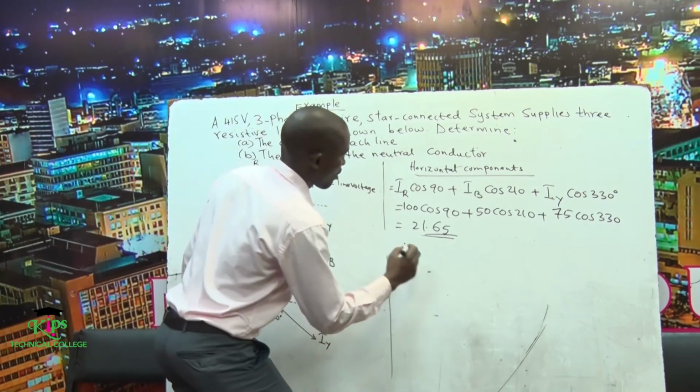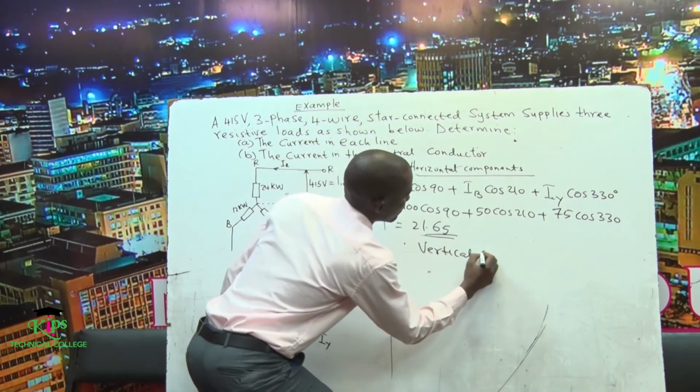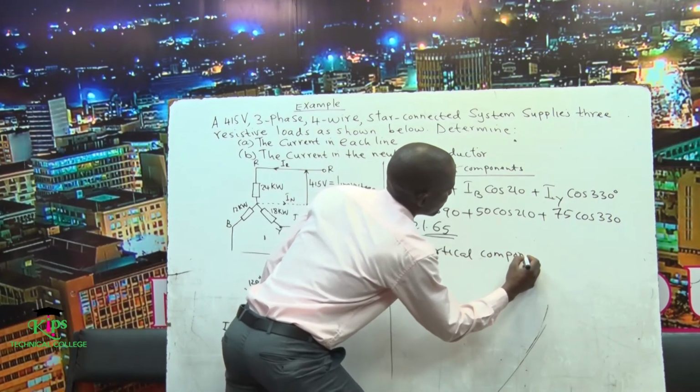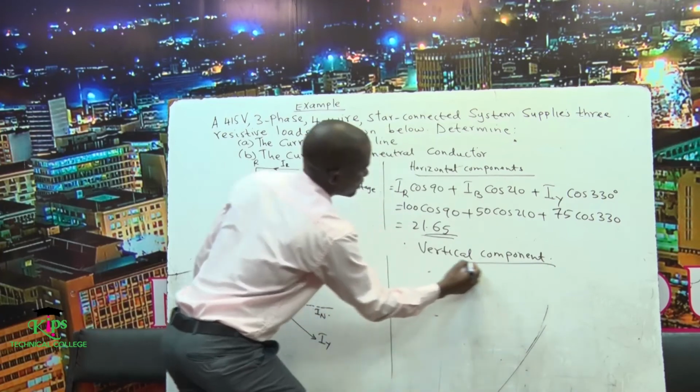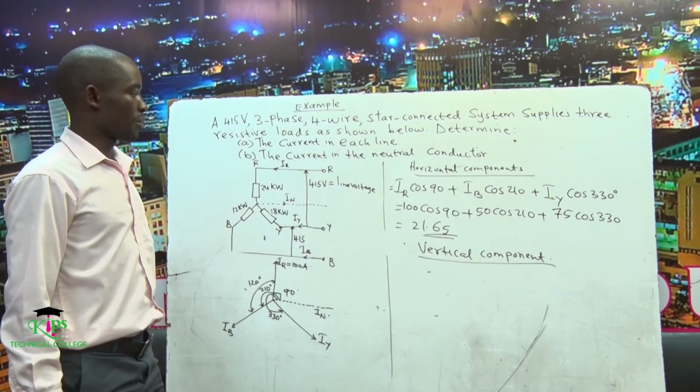After that, we can now move to the vertical component. What do you get in vertical component?